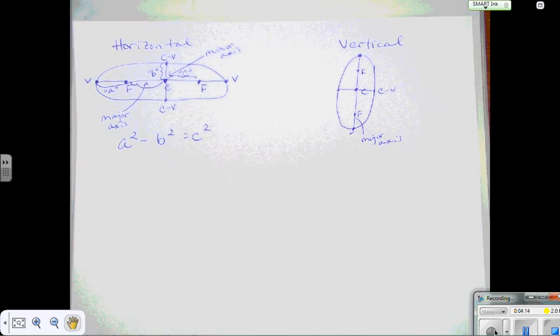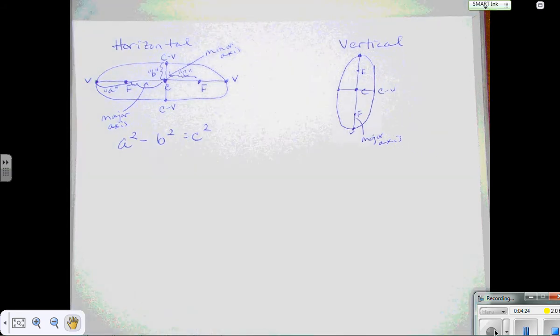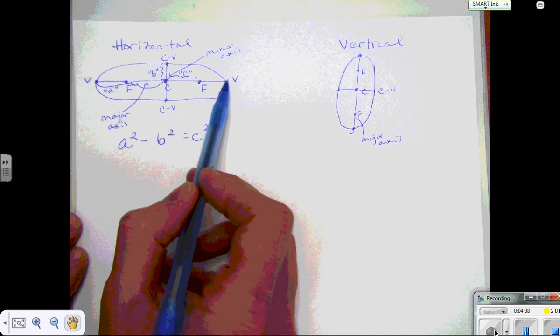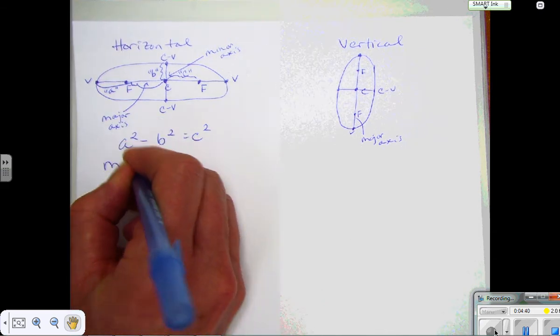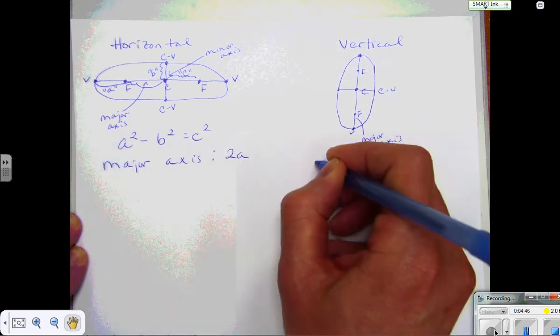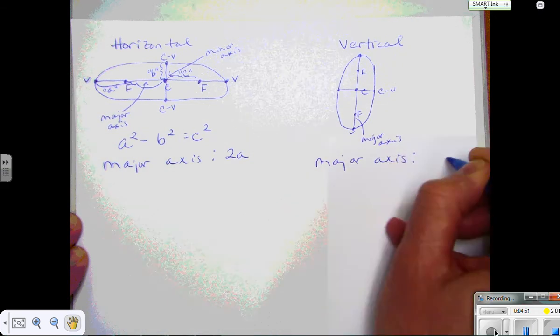So if you know two of those values and you need to find the third one, you can use A squared minus B squared equals C squared. And it's the same for either one, horizontal or vertical. Okay, any questions so far? Another thing that's the same is the length of your major axis. It's all the way from vertex to vertex. So the length of the major axis is 2 times A. And that's the same for a vertical ellipse.